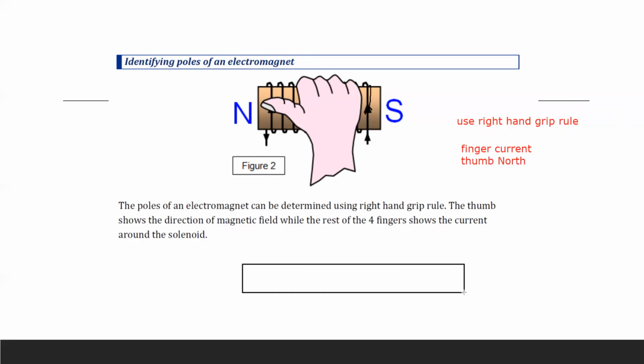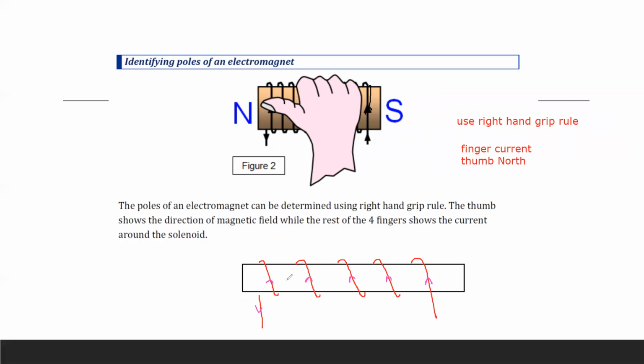Say you have an electromagnet, a wire turned around a soft iron core. This is the direction of the current.